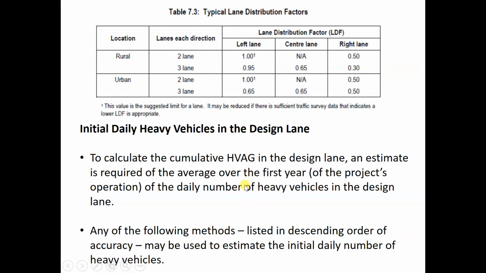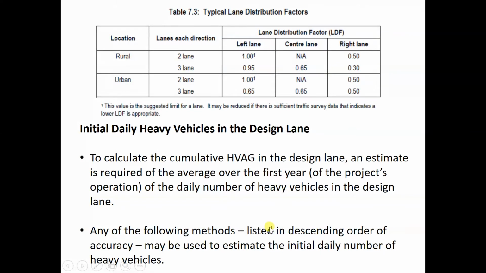Okay, so maybe like 6,000 vehicles on the design lane. Later on, because you have the percentage of heavy vehicles, you can find out how many heavy vehicles. And then we have the lane distribution factor as well. So how much is that? Okay.